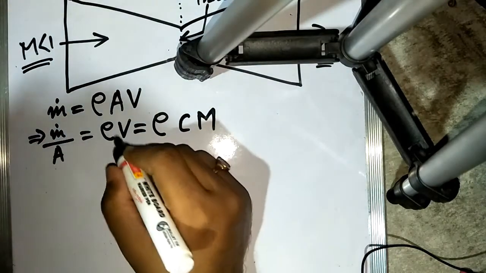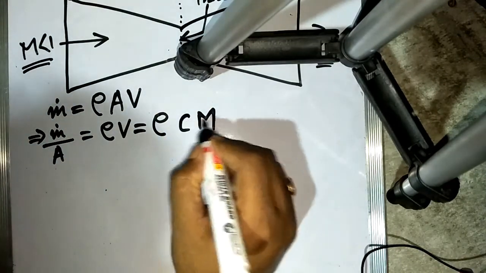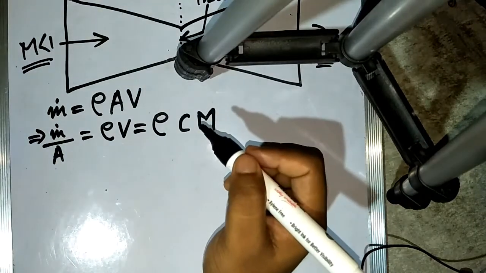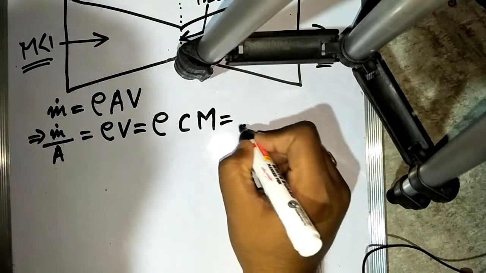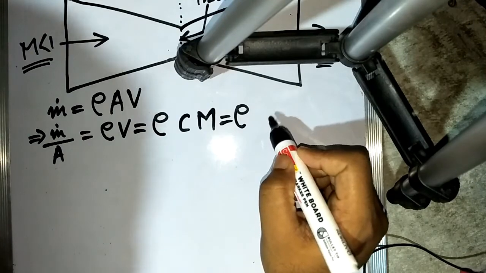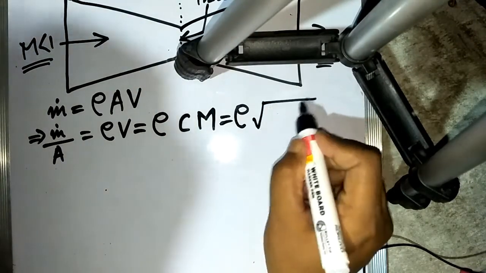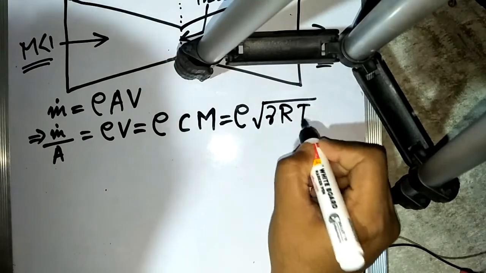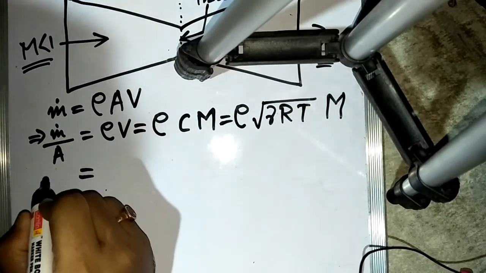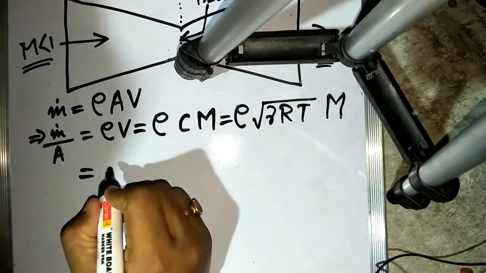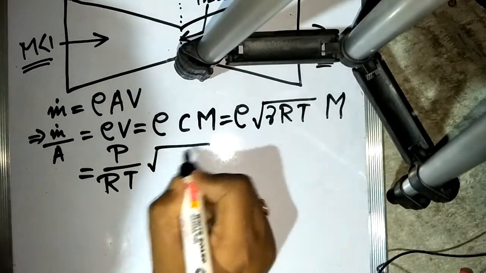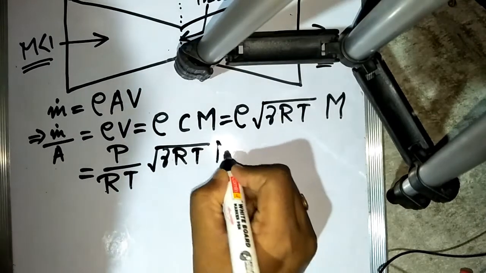So the fluid velocity equals the sound velocity into Mach number, that means V equals C into M. For the value of C, we can write root over gamma R T into M. And from the ideal gas law, we can write rho equals P by RT into root over gamma RT into M.